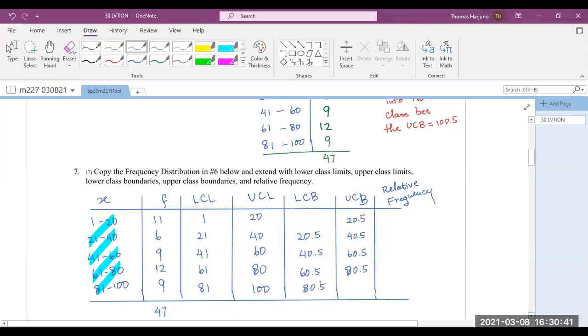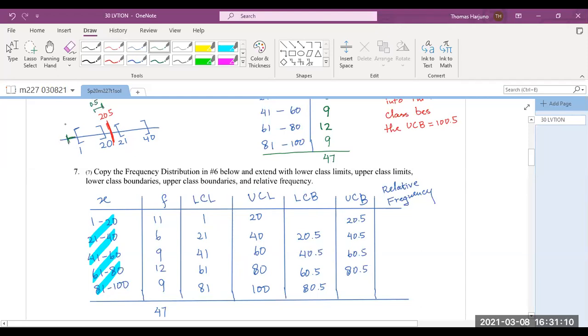Now then, notice that from the first class to the next class and so on and so forth, the gap is 1, which we divide into 2. That's why we get the boundary is 20.5. Now, which means from the upper class limit to upper class boundary, we adjust 0.5 units. Using that adjustment, we adjust to the left likewise.